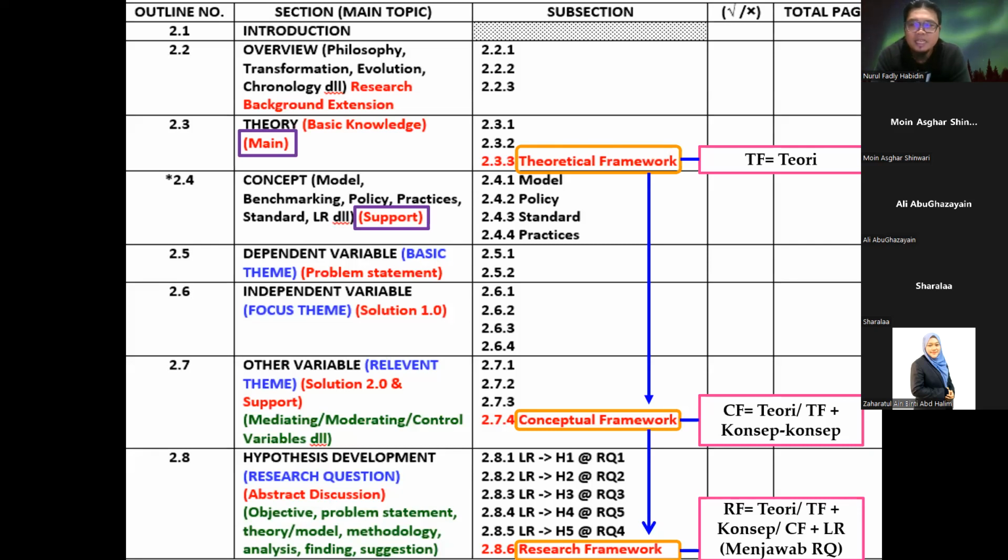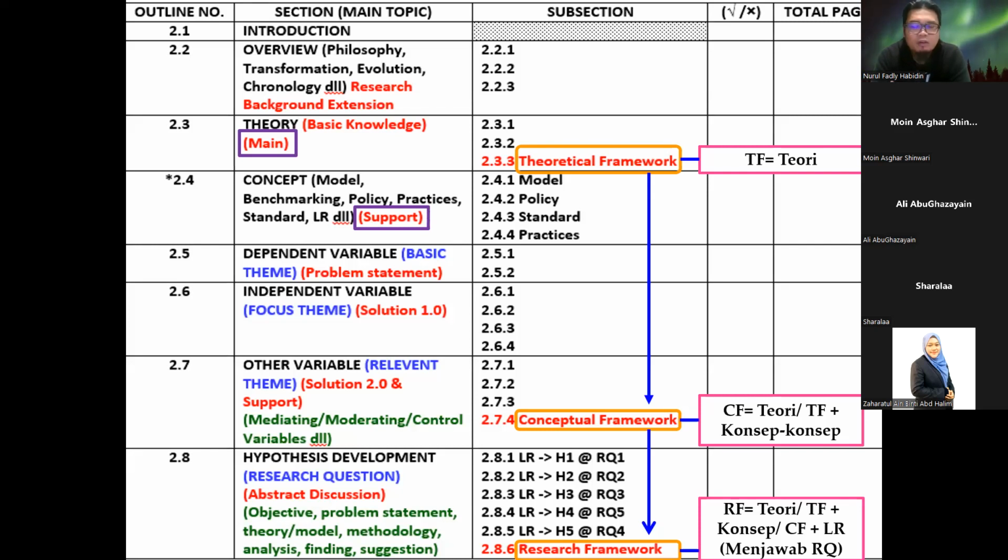Many things I need to discuss, but somehow they are not suitable in chapter 1 because they are not direct issues. But this part, I need to write in the literature review, so at least my reader, supervisor and assessor can know the status of the Malaysian automotive industry. That's why I wrote 2.2.